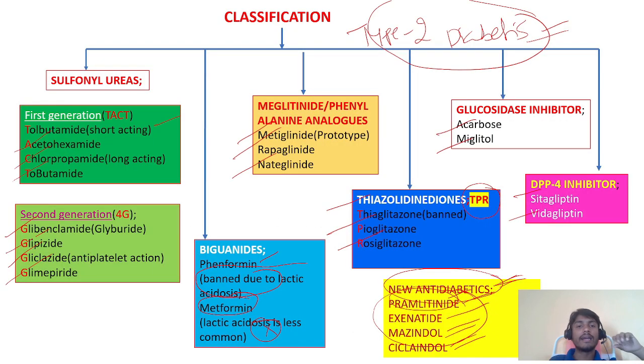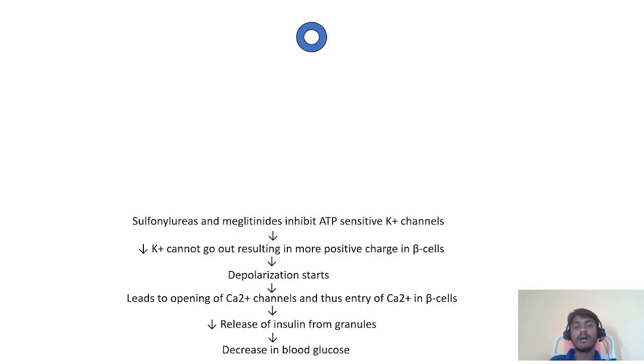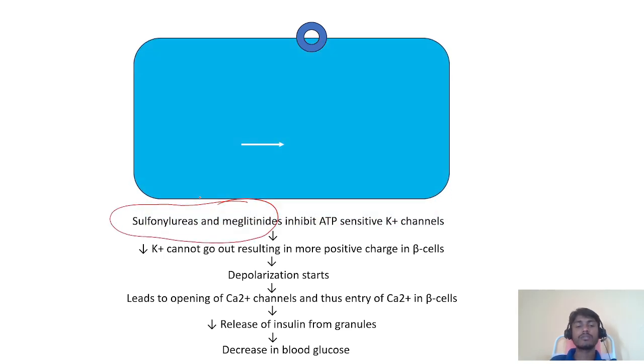Okay. Next comes the mechanism of action of sulfonylureas and meglitinides. This is the cell containing the GLUT2 receptor.